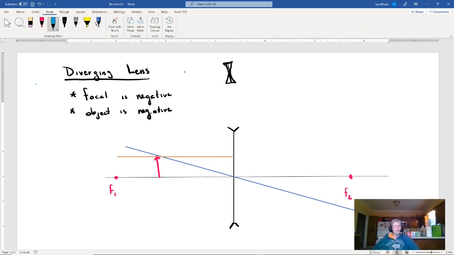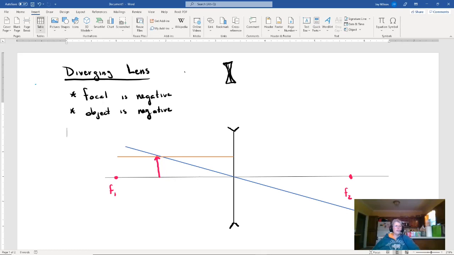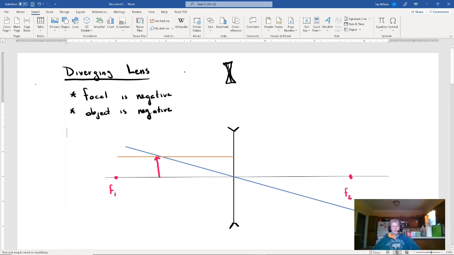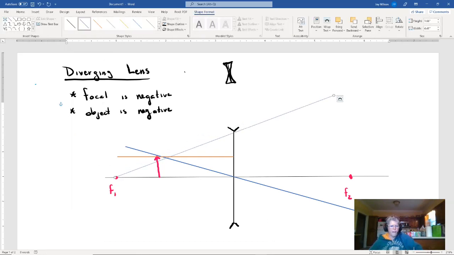So the focal point we're going to be working with is going to be the one on the same side. Okay? So let's insert our line. And it's going to appear to go through tip, through here, out there.